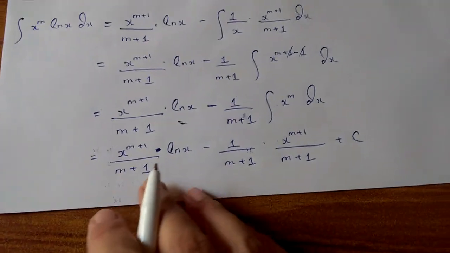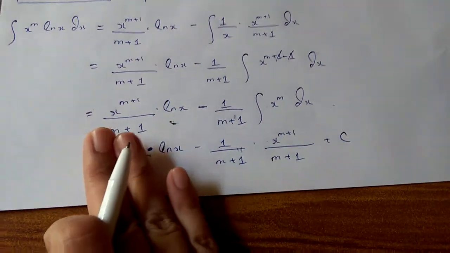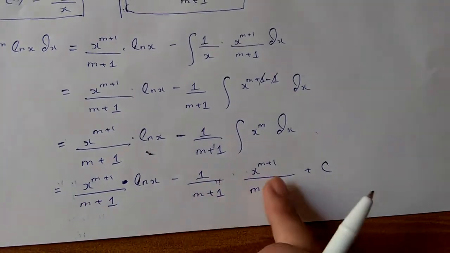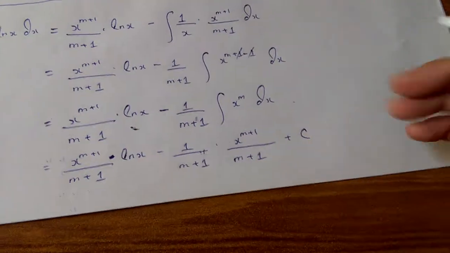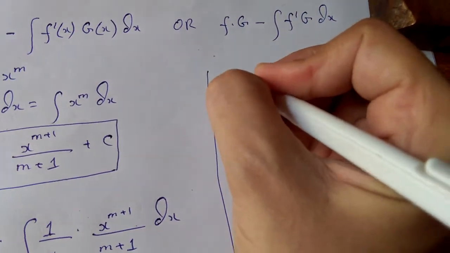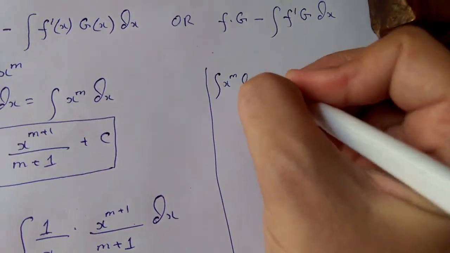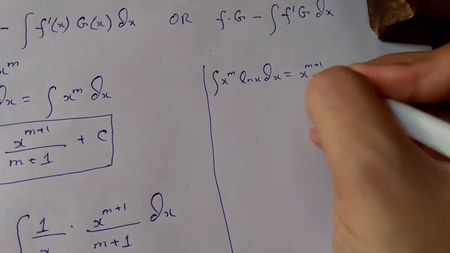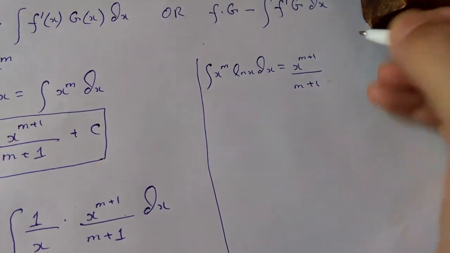Now you see in these two terms you are having x power m plus 1 upon m plus 1 common, so you just take it outside. Let me do the work over here. So the integral of x power m ln x d of x, you just take out x power m plus 1 upon m plus 1 common outside.